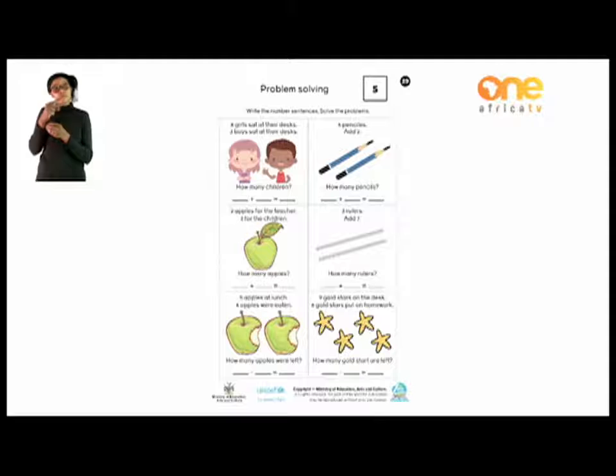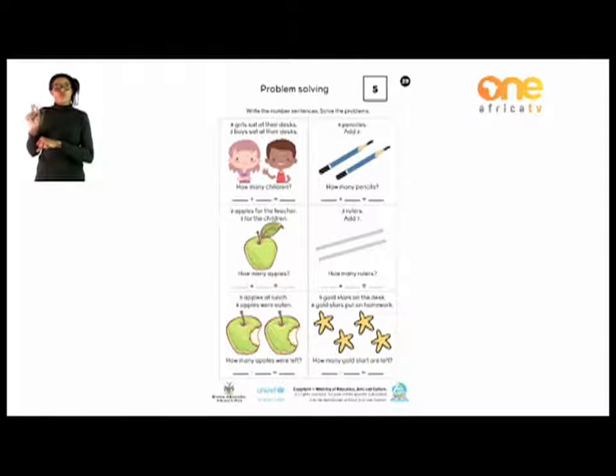Then you get the equal sign. So 4 plus 3 equals to, how much is the answer? What is the answer? The answer is 7. So you will write the answer on the line.